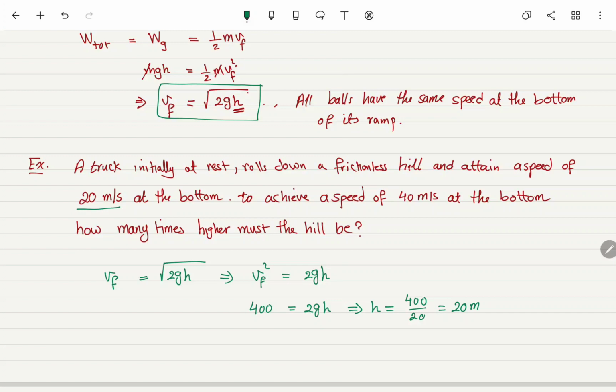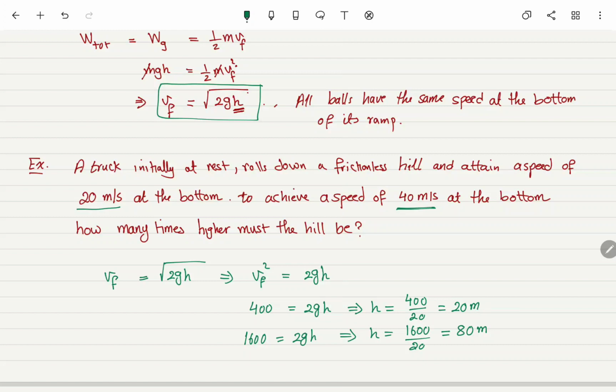Now, in the second case, when the speed at the bottom equals 40 meters per second, 1600 equals 2gh, h in this case equals 1600 divided by 20, or 80 meters. Now, as we can see here, when the speed is 20 meters per second, the height is 20 meters.